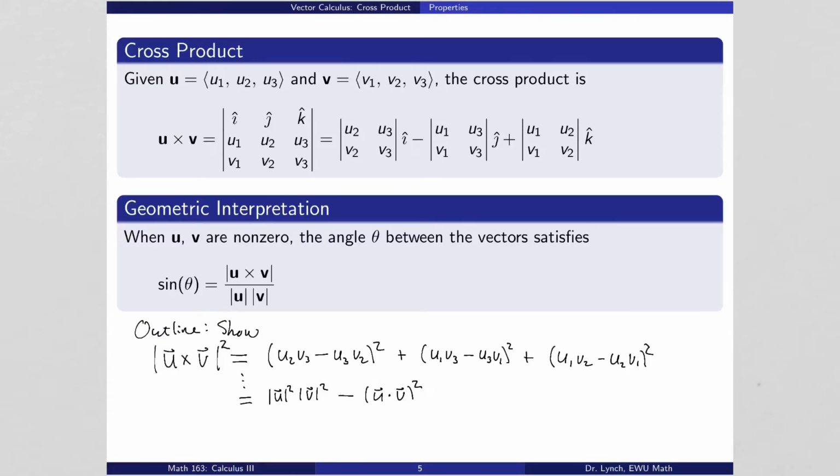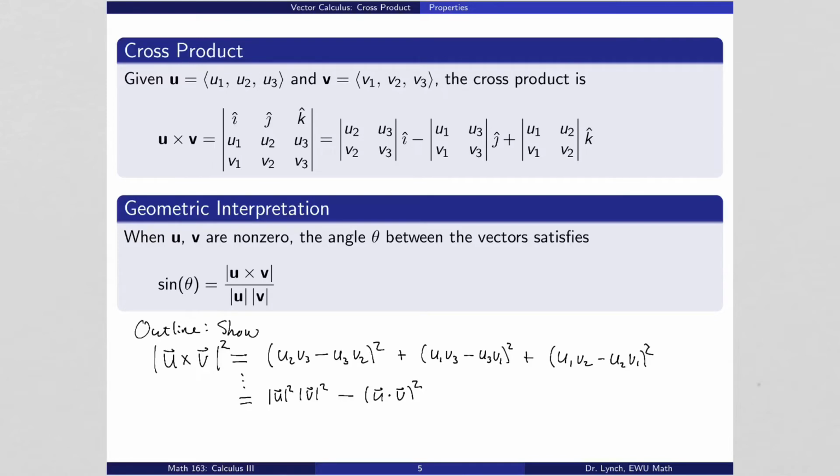Okay, so algebraically this derivation is a little bit of a mess, but the way one does it is by multiplying out the magnitude of u cross v squared, showing that what you get after a lot of algebra and factoring is magnitude of u squared times the magnitude of v squared minus u dot v quantity squared.